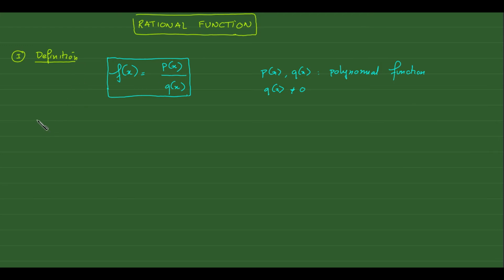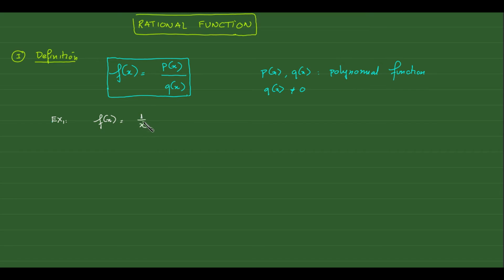For example, example number 1. Let's do a simple one first, the one we already talked about in the previous section: f of x equals 1 over x.